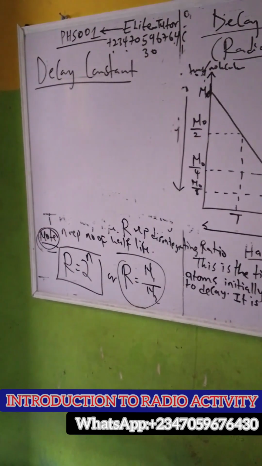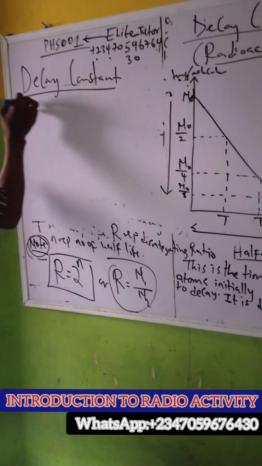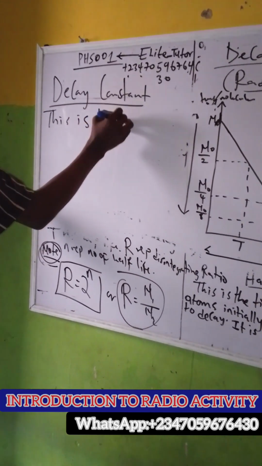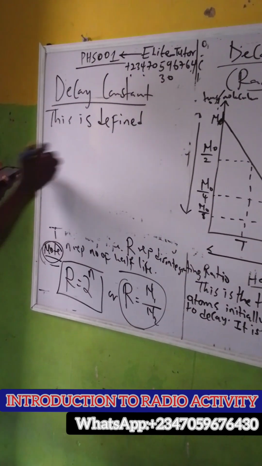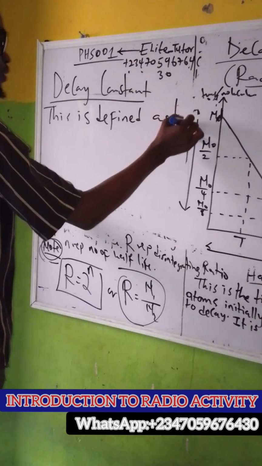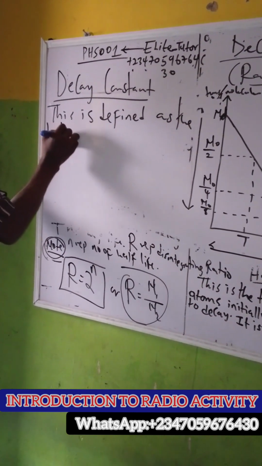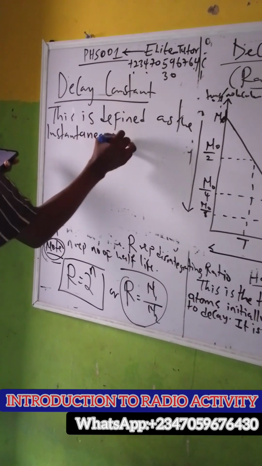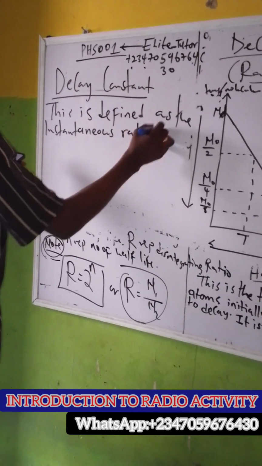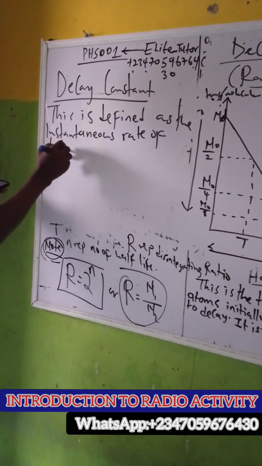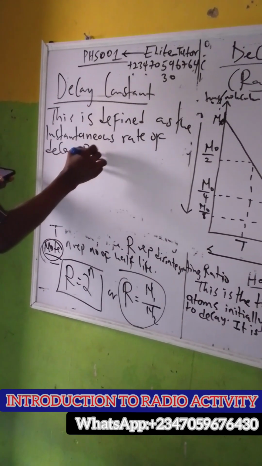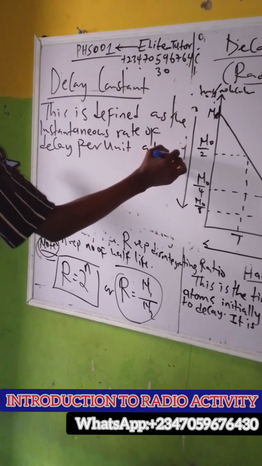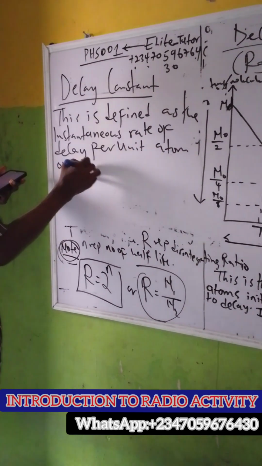Alright, so in this side, what's decay constant? This is defined as the instantaneous rate of decay per unit atom of a substance.